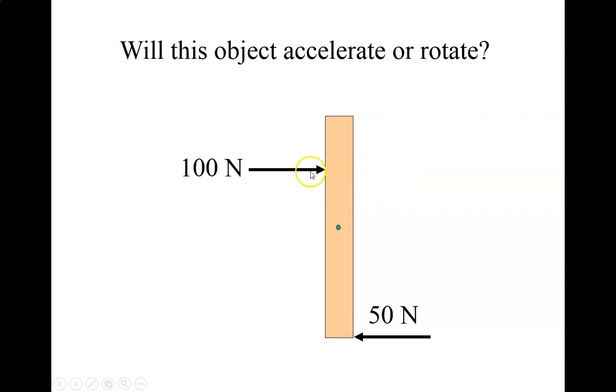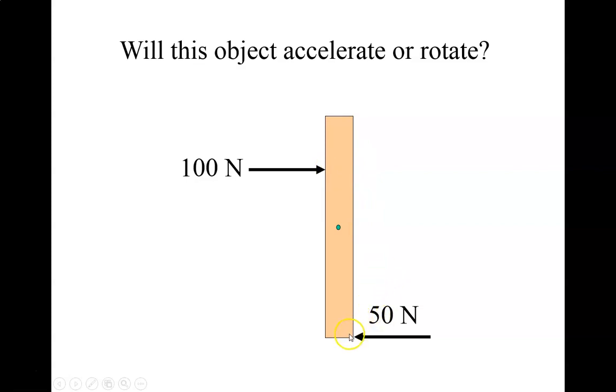Okay. And here I've got a 100 Newton force that, let's say, is halfway to the center of mass. So a half a meter, a half a unit. So this is going to create 50 Newton meters, 100 times 0.5 meters. Okay. 50 Newton meters in the clockwise direction. Okay. So determining if it will rotate. What about this guy?